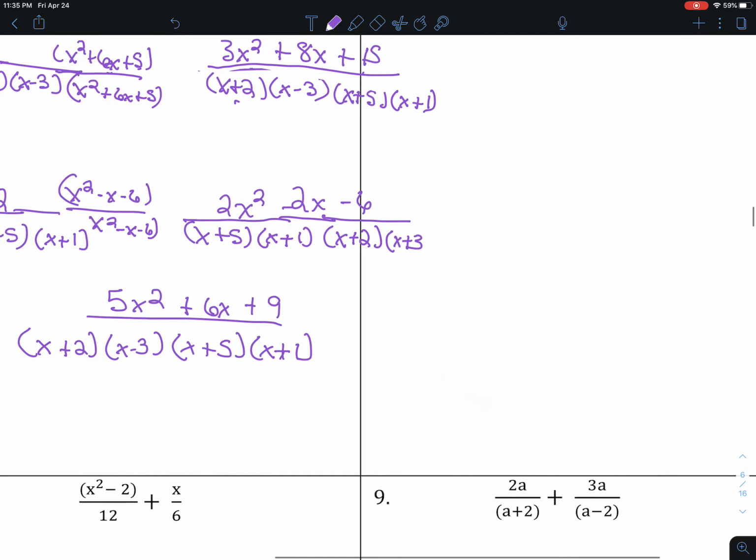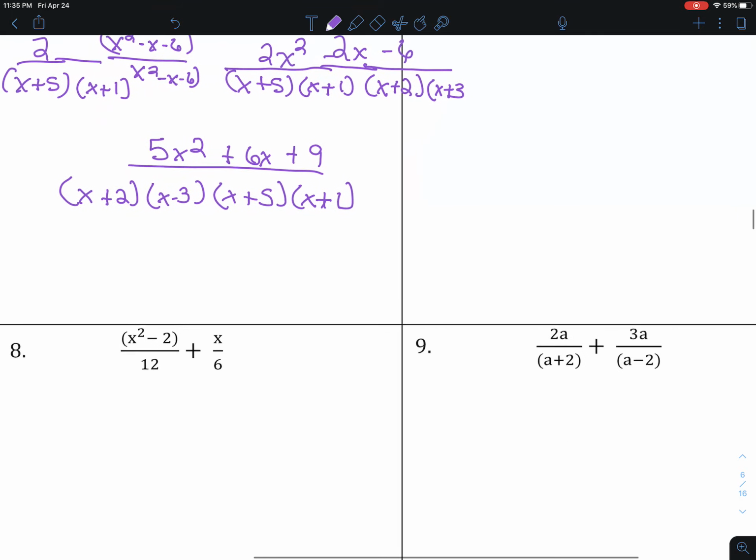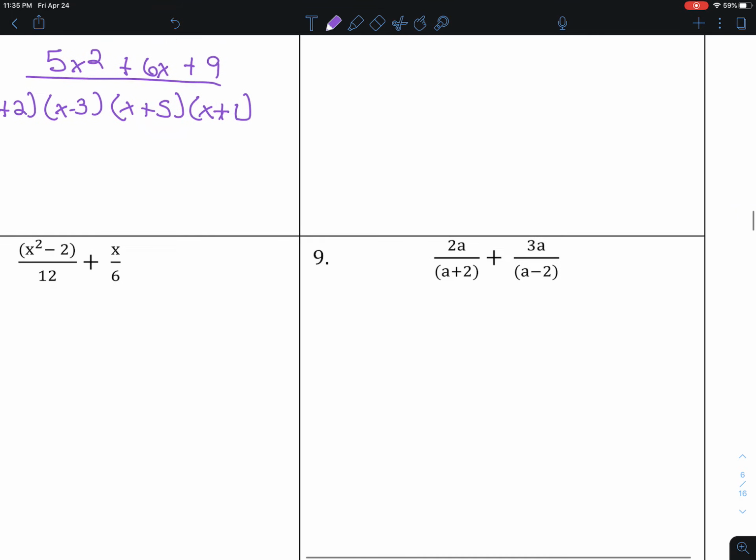Those are not as pretty to do the shortcut with as the other ones. Let's do another one with the shortcut. So I'm going to do this one. I'm just going to use the shortcut on it. So I multiply these two together. I get 2a minus 2a squared minus 2a. And I multiply this together. And because it's positive, that becomes positive.